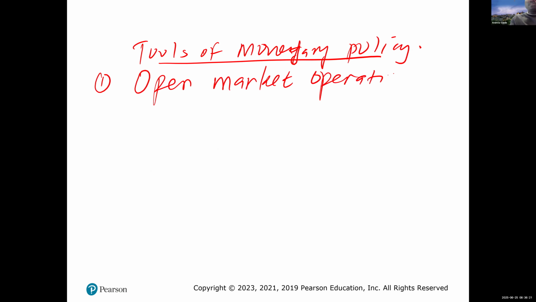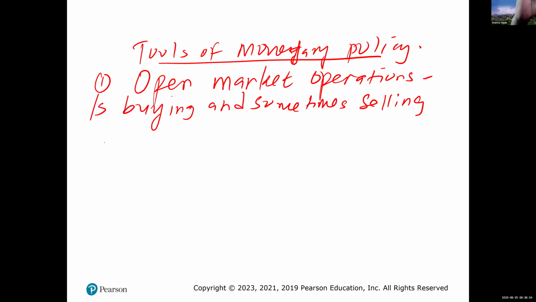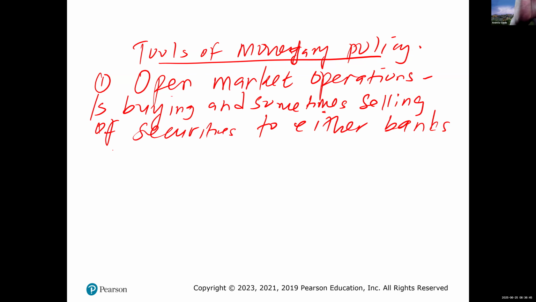What we discussed in the previous chapter, chapter 14, is that the most important tool of monetary policy is open market operations. Open market operation is buying and sometimes selling of treasury securities or securities to either banks or to the non-bank public.